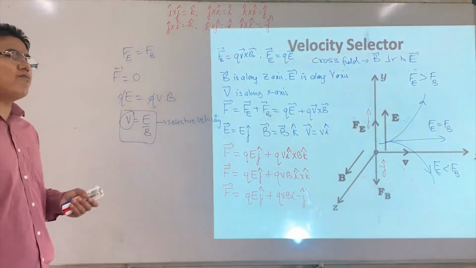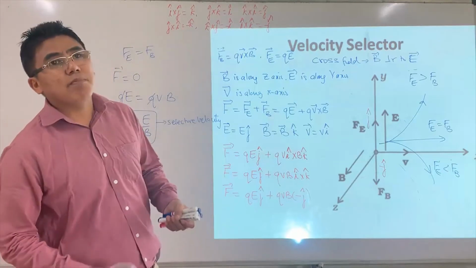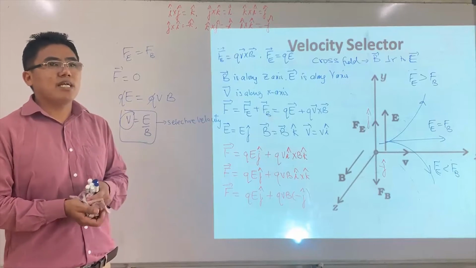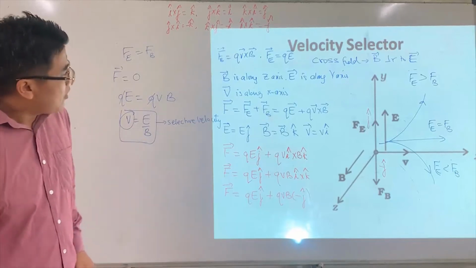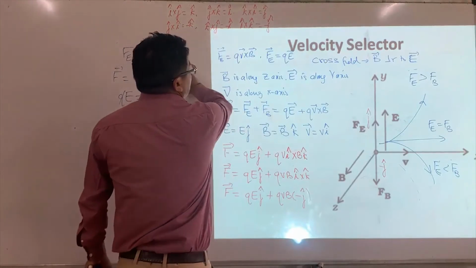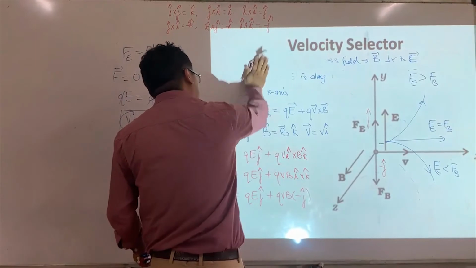This has a huge application in many nuclear science and nuclear physics devices. This is what we call a velocity selector. Now I would like to find out how to produce magnetism.